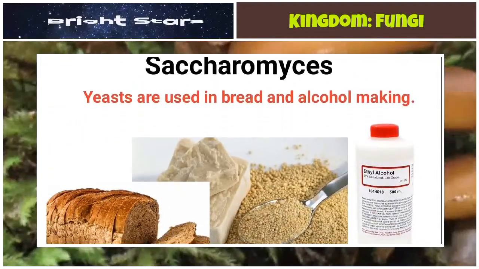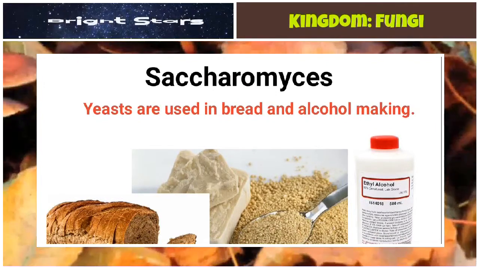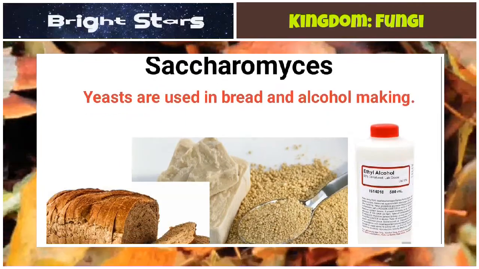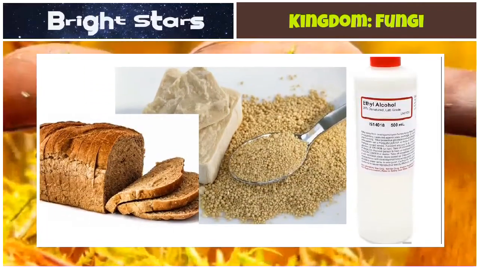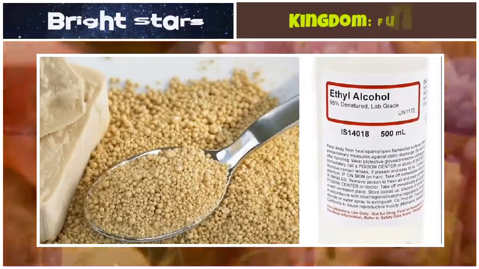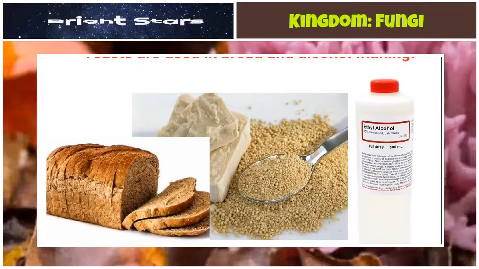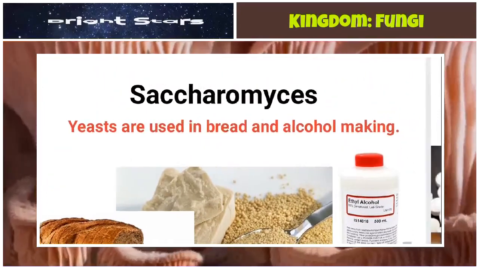Saccharomyces, that is yeast. The scientific name of the genus of yeast is Saccharomyces. Yeast are used in bread and alcohol making. So for bread making and alcohol making, we use yeast. You can see the bread-like structure. This is nothing but yeast used in the bakery industry and alcohol industry.